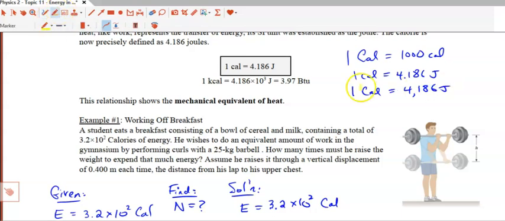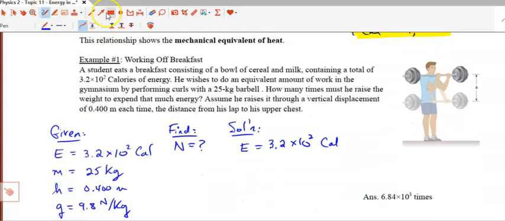We're going to use this to do our conversion. We need to change this to joules, so we multiply by 4,186 joules per food calorie. The calories cancel out, and we get our answer in joules.